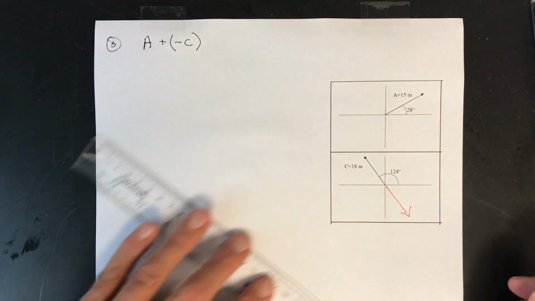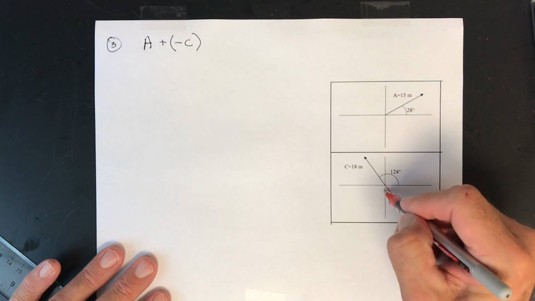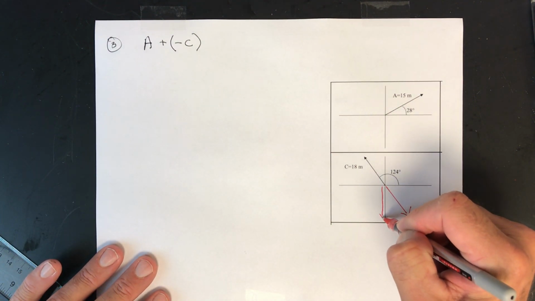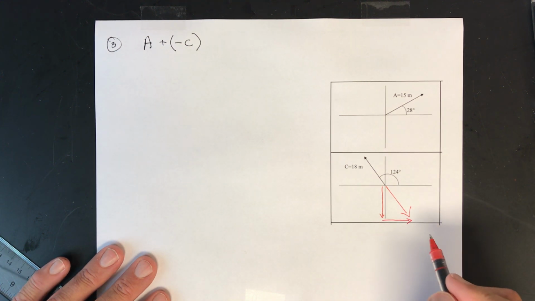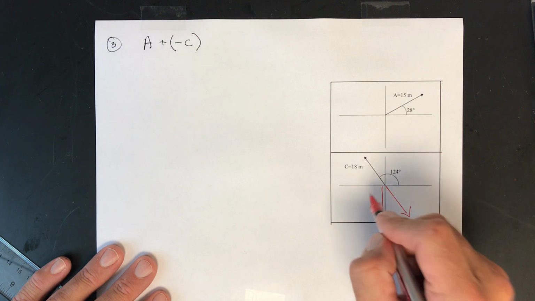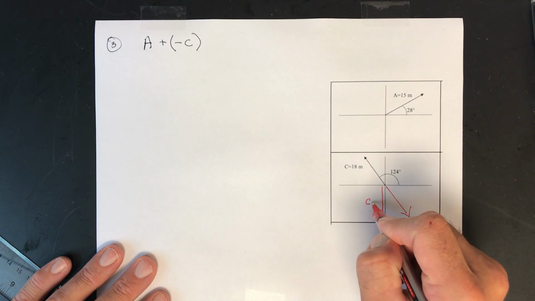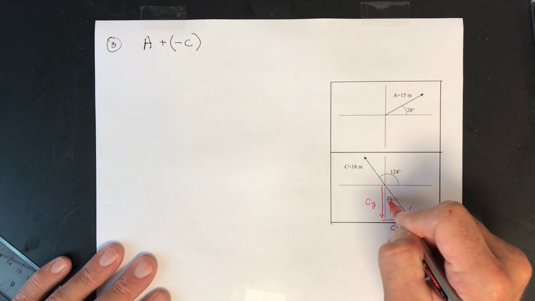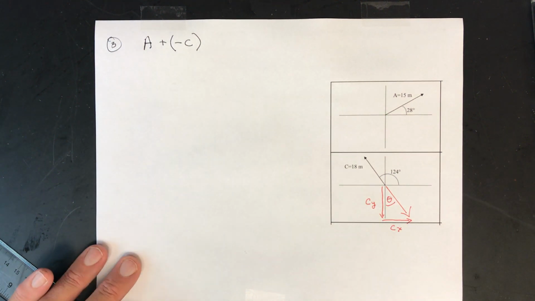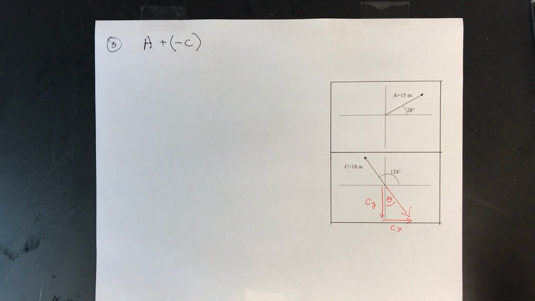And what that ends up doing is it ends up having that vector and that vector. So what we had originally is going to be in the opposite direction. So this would be cy and cx, and this would still be theta, and we continue from that point on.